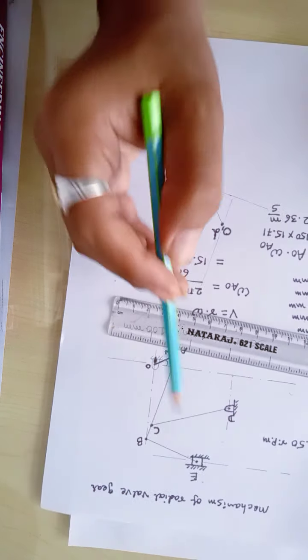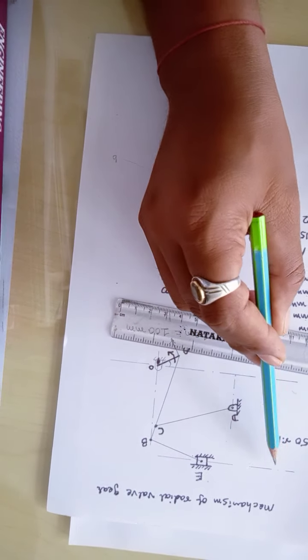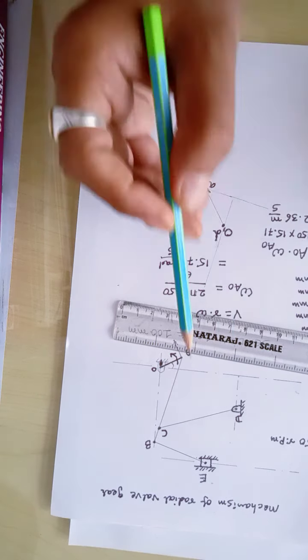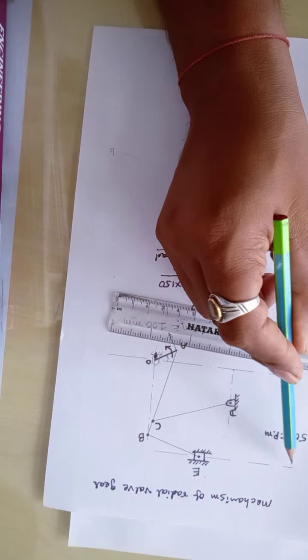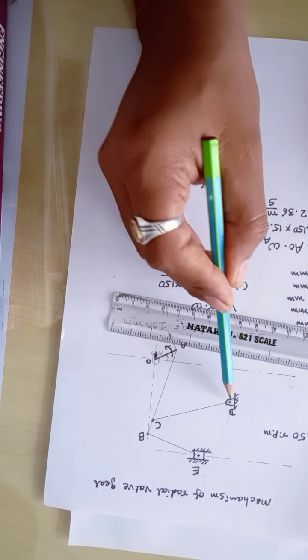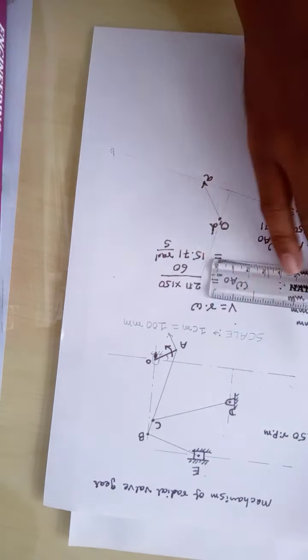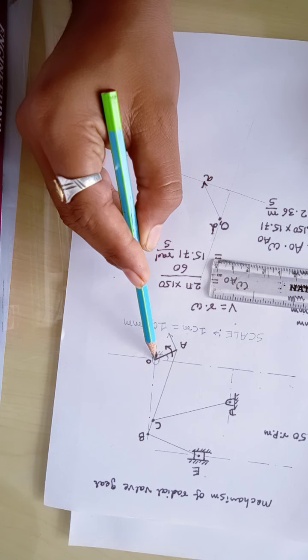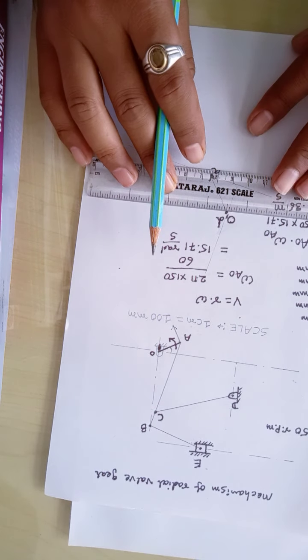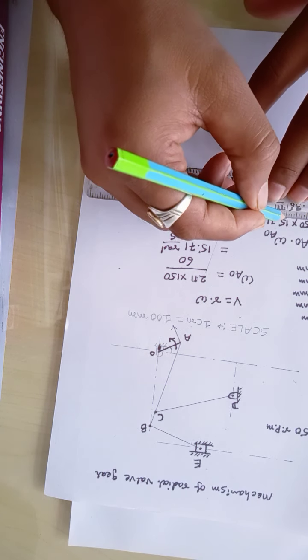Now E is a reciprocating agency, so velocity of E will be parallel to its path, and it is always taken with respect to this fulcrum as well as this fulcrum. But obviously velocity of E will be on this line.